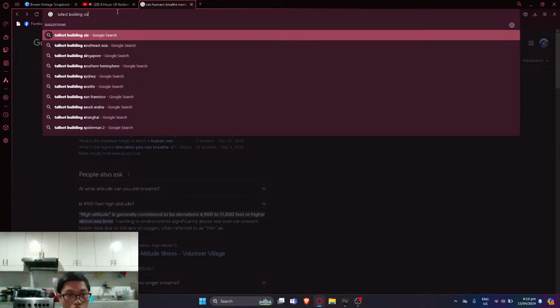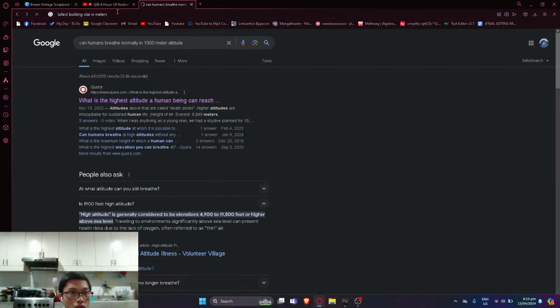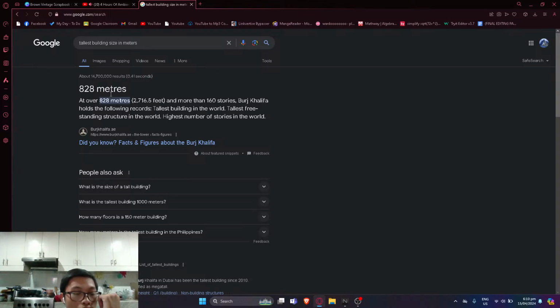Tallest building size in meters. So the highest building is just 828 meters, yung Burj Khalifa. But Miss Velen is trying to be kind of ambitious.